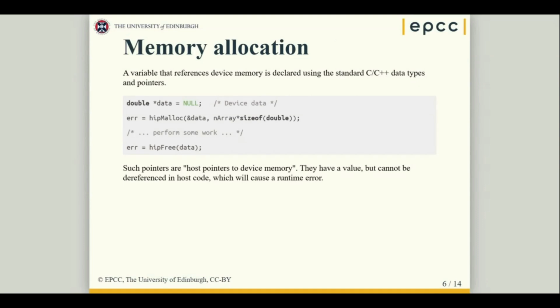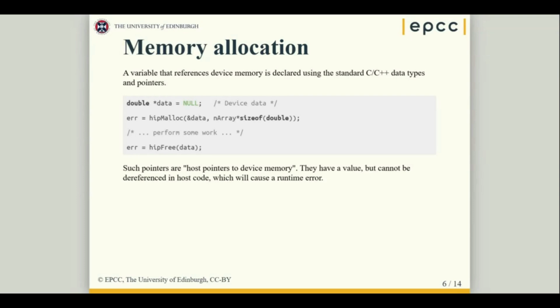Okay, so let's start with allocation. A variable that references device memory is declared using a C++ data type and as a pointer. So this double star data is a pointer we set to null initially, and we're going to use it to refer to data on the device.